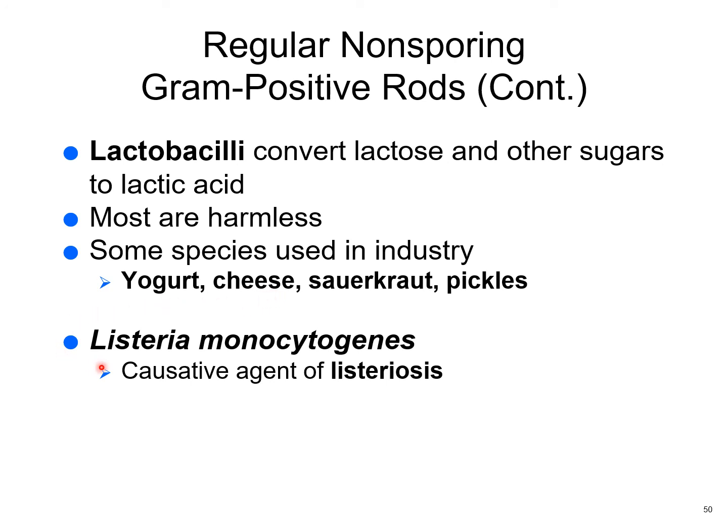Now, Listeria monocytogenes is a causative agent of listeriosis, and this comes from animal feces, and it contaminates food. There have been several cases of it contaminating things like meat, like sliced meat you buy for sandwiches, and hot dogs.